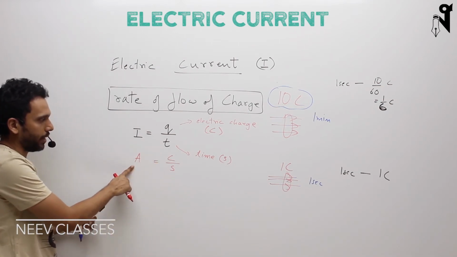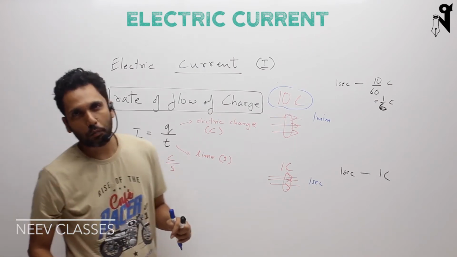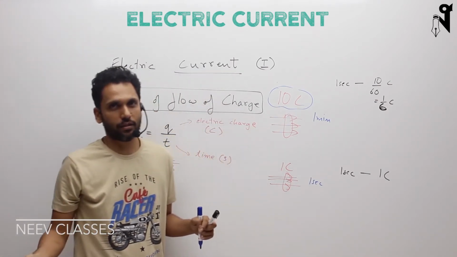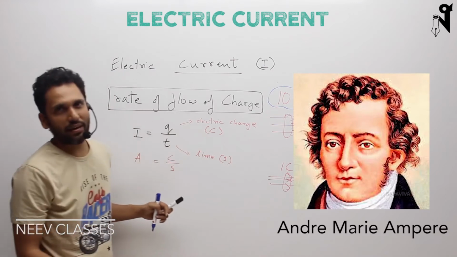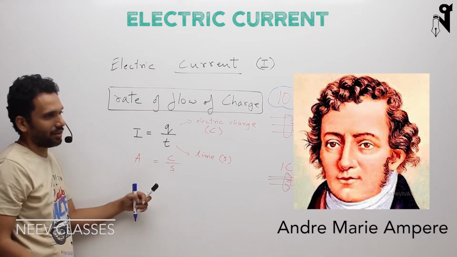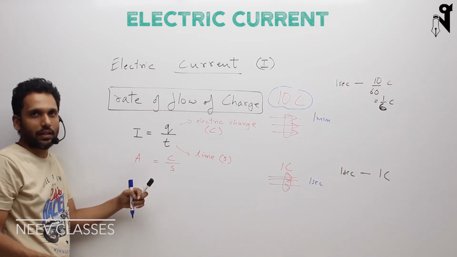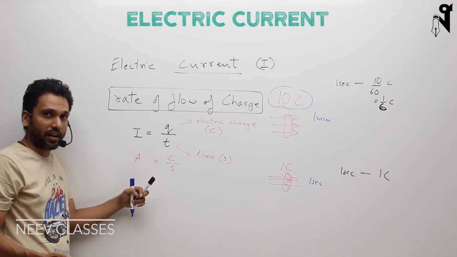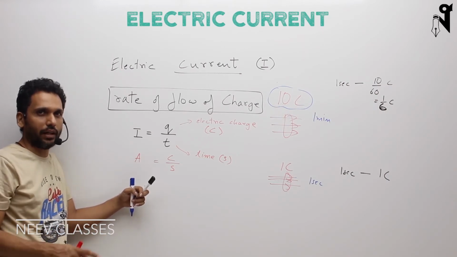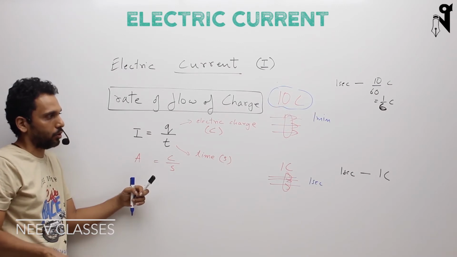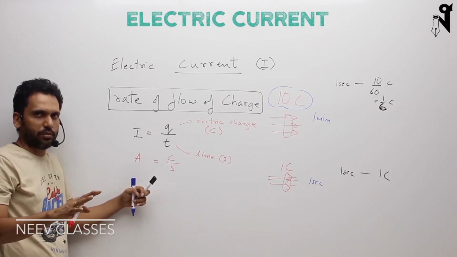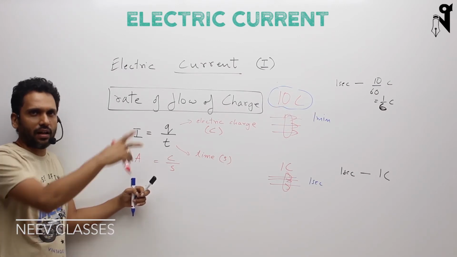From where is the word coming? Ampere, again a French physicist, mathematician, André Marie Ampere. So you can Google that and read a bit. He was in fact the father of electromagnetism. Electromagnetism was called electrodynamics in those days. So again the same era, a bit later after Coulomb.